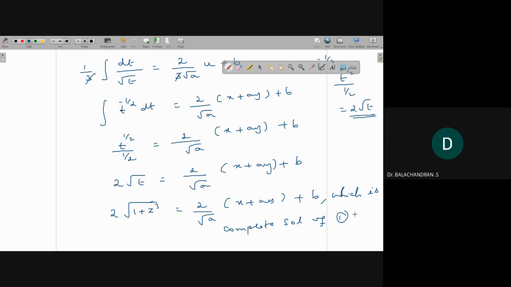There is no singular solution here. You should write the complete solution first, then b equal to f of a, then differentiate with respect to a, and eliminate a between the two equations. That's all. That part you will do easily, so I'll skip that and go to the next problem.